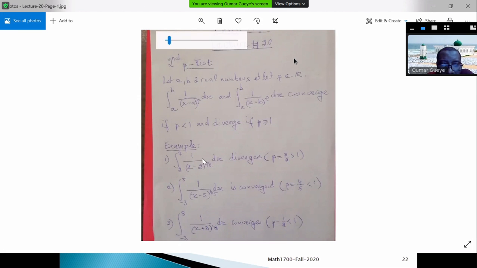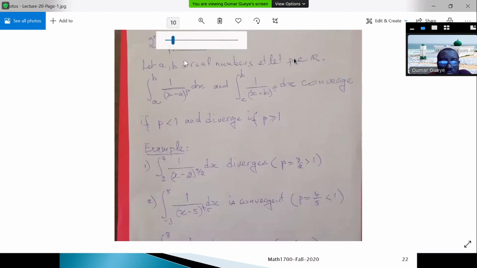So let's say you have this first example here. For this one, we have the situation integral from a to b, and at a, my function is undefined. That's exactly what I have here, integral from 2 to 7, and at 2, my function is undefined. Based on what the test says, this integral is divergent because p equals 3 over 2, and it satisfies this condition.